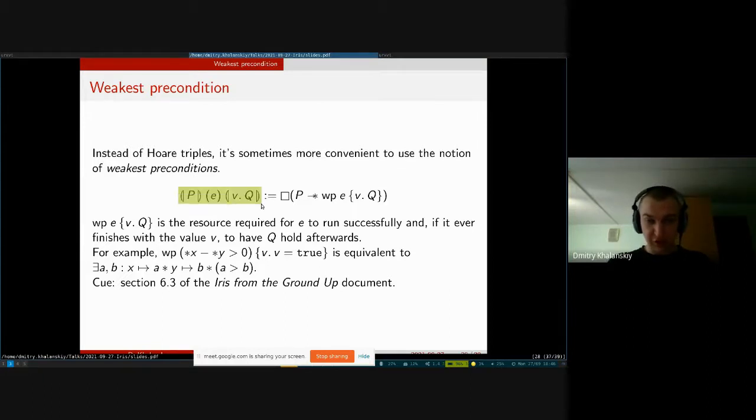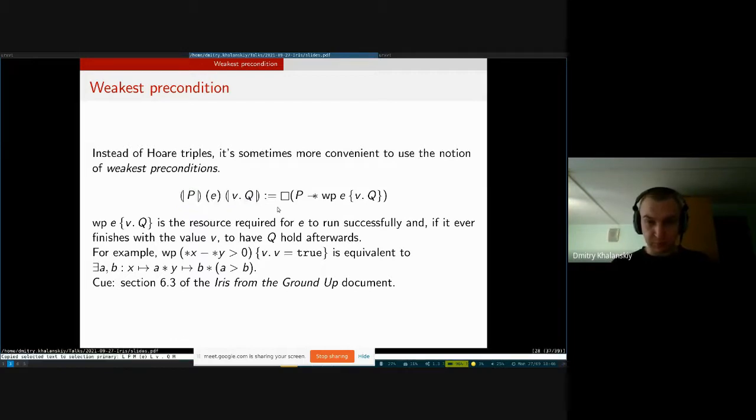How are Hoare triples defined? The Hoare triples in Iris are defined as follows. We say that the Hoare triple holds true if we can persistently state that it is sufficient to establish P to know that to have the weakest precondition of the program E returning a value V that obeys Q. Now, what is the weakest precondition?